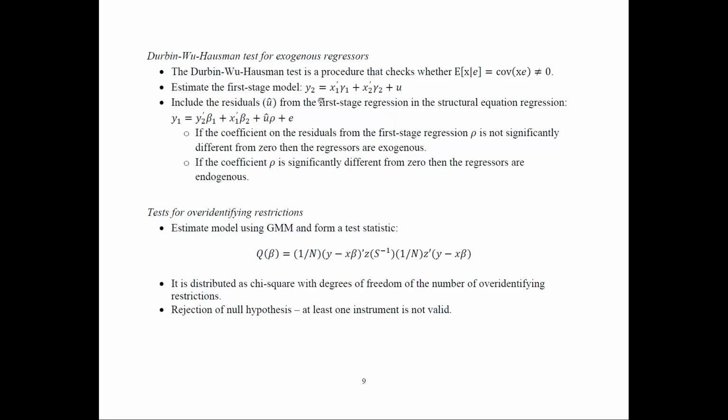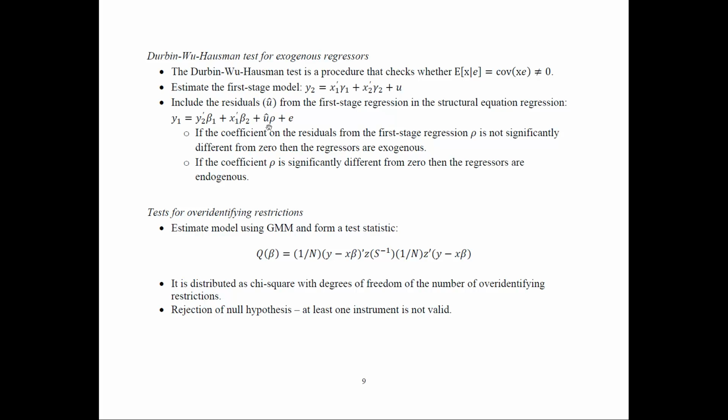And now once we estimate this, we can include the residuals you had from this regression into the structural regression. And here we would have, this is the structural regression where we have Y1, this is the endogenous ones, these are the original exogenous variables, and here we have these predicted values of the error term.